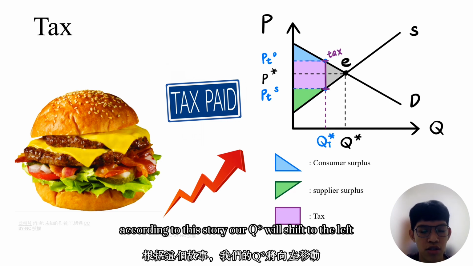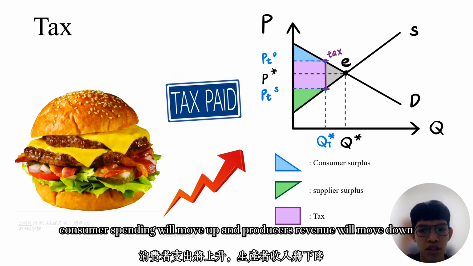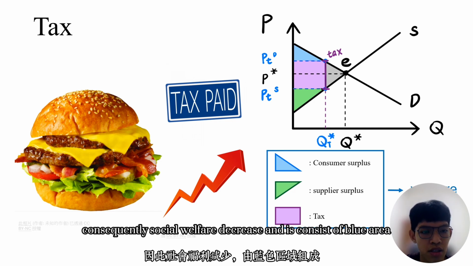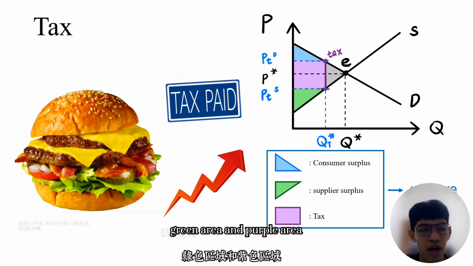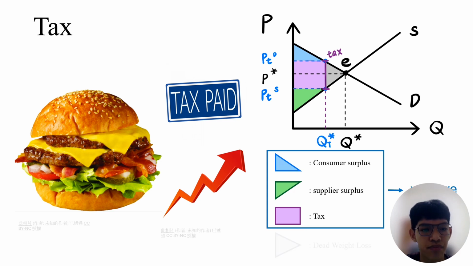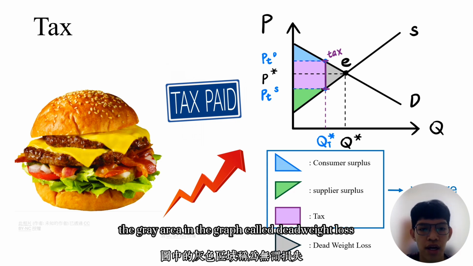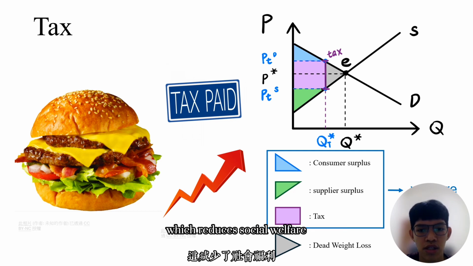According to this story, our Q star will shift to the left, consumer spending will move up, and producers' revenue will move down. Consequently, social welfare decreases, and it consists of the blue area, green area, and purple area. The gray area in the graph, called deadweight loss, reduces social welfare.